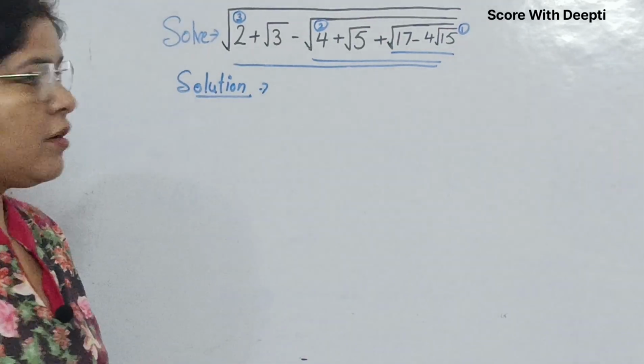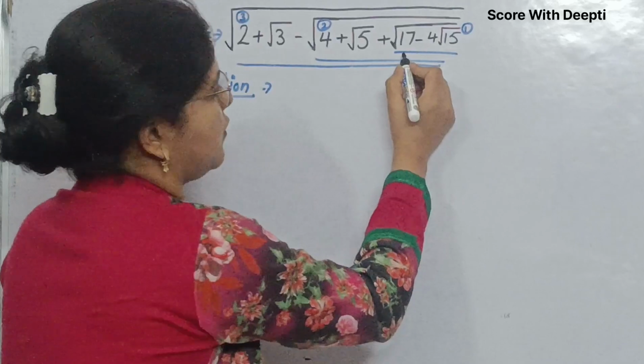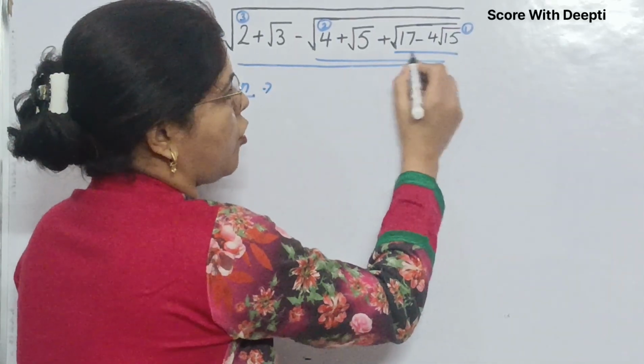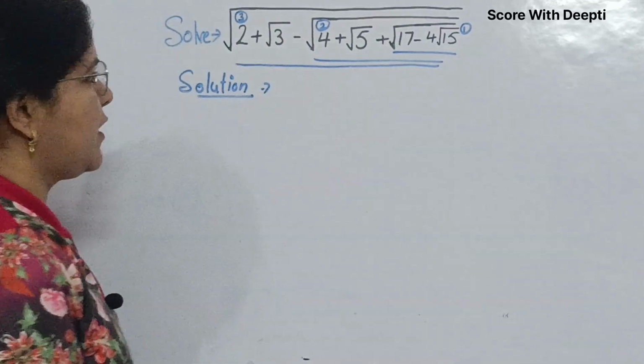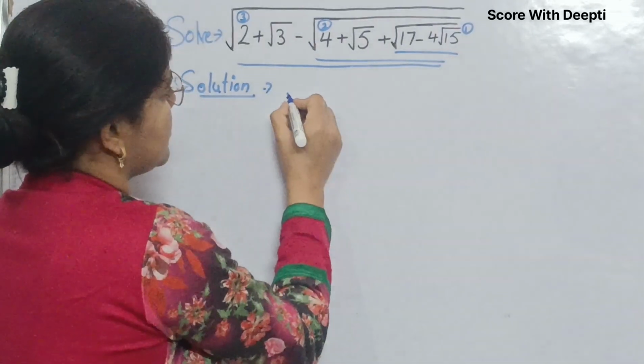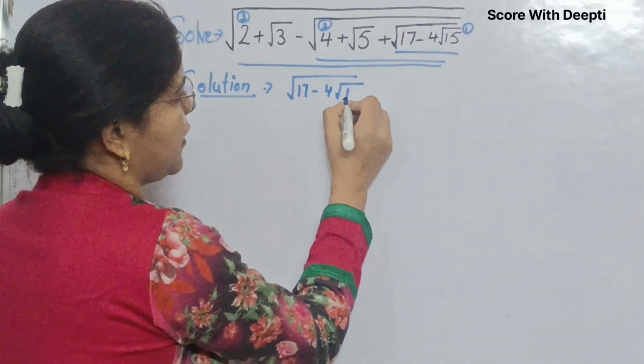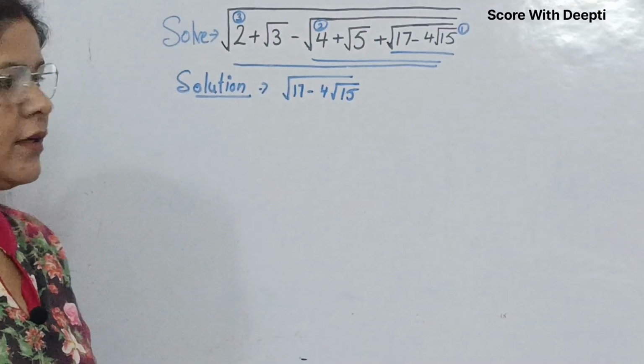In this question, first we have to solve this radical. We have to start from this part, which means we first solve square root of 17 minus 4 square root of 15. Clear?